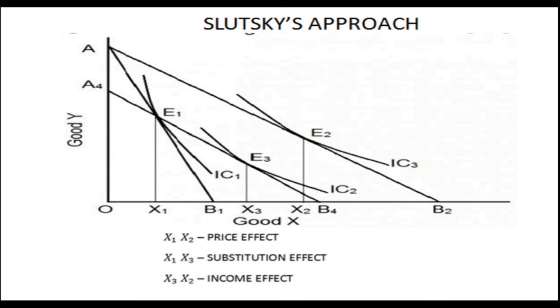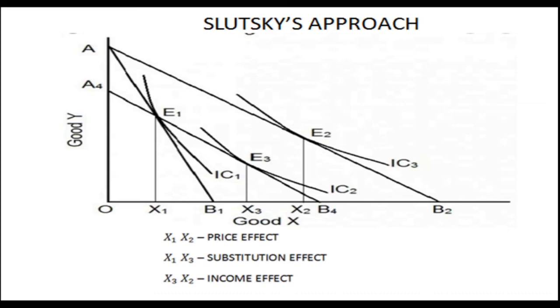Here also on the x-axis we have measured good X, and on the y-axis, the vertical axis, we have measured good Y. Let's suppose the prices of two goods and the income of the consumer are such that they produce a budget line AB1. So AB1 is the original or initial budget line, and this budget line is tangent to the indifference curve IC1 at point E1.